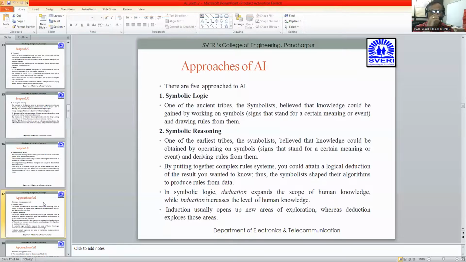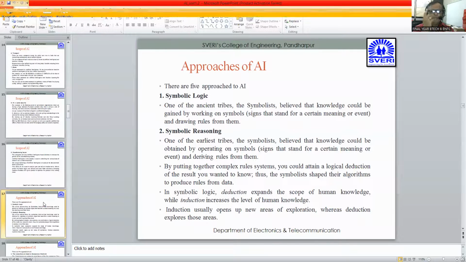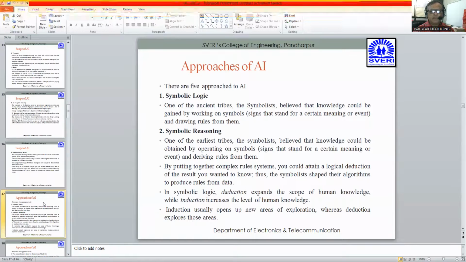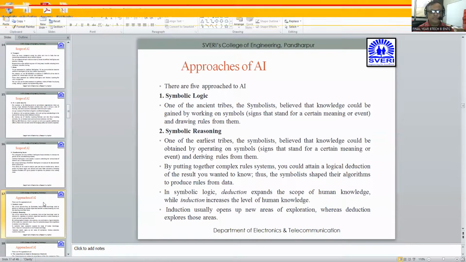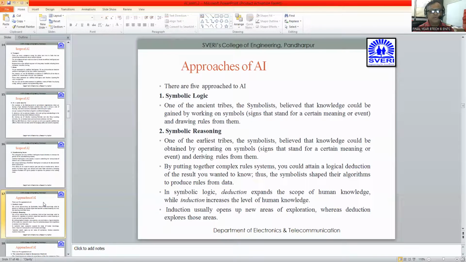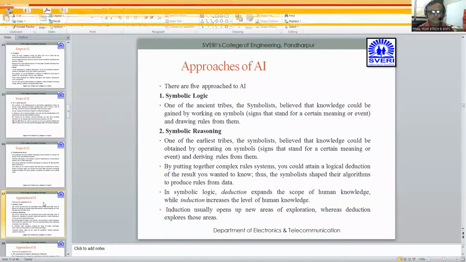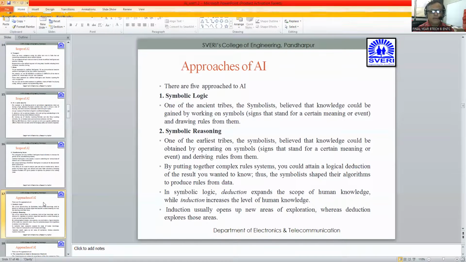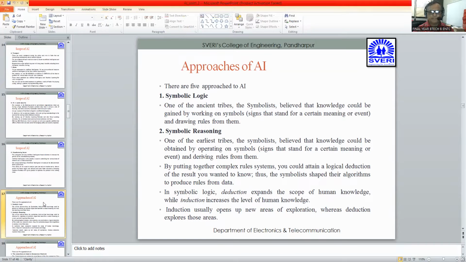People at that time used to believe that you can gain your knowledge using symbols. So if you have knowledge, you can easily represent it with symbols. It could be some kind of rules that could be applied with the help of symbols.